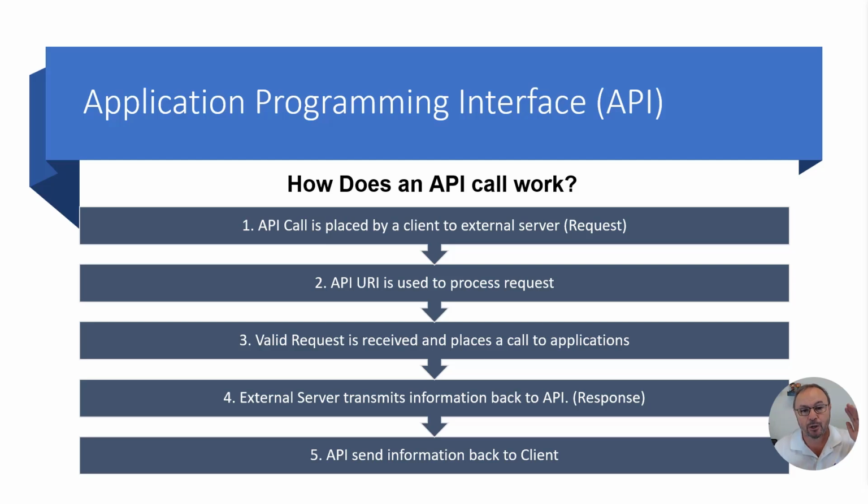So basically, we have a request from the sender, and then from the receiver is what? The response. Then the API sends the information back to the client. Really simple how they work from a high level and even a mid-level perspective. And in reality, again, even from a development perspective, really easy to deploy in most cases.